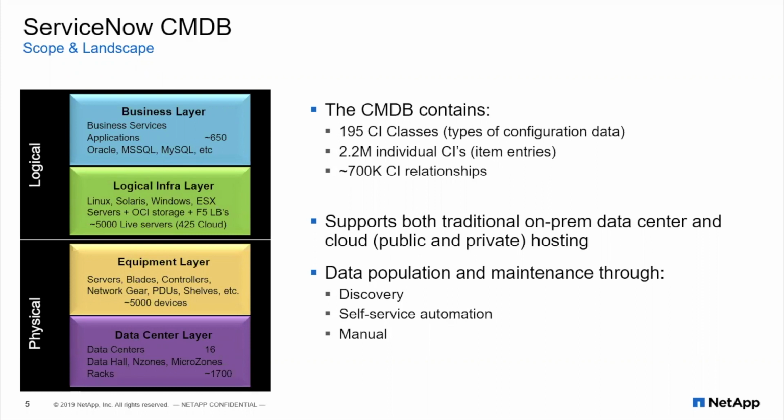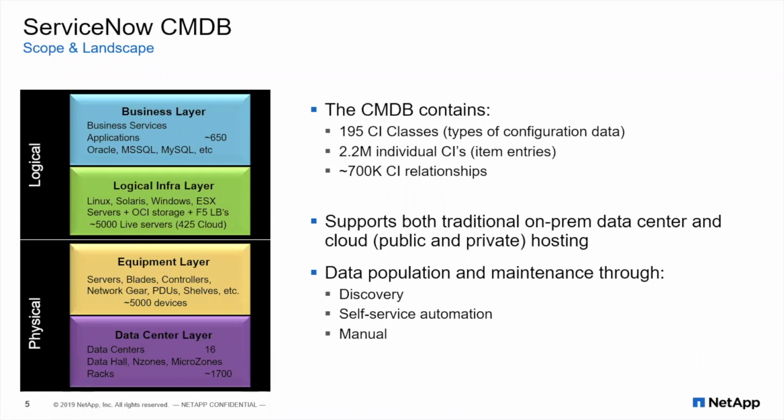We have around 2.2 million actual CIs in the CMDB, and we keep things from a historical perspective, like if I have a Linux server and I deprovision it, or a physical blade and I deprovision it, I keep that in the CMDB. Other things like the software that was installed on that server, I get rid of. So this is a pretty good representation of, for the most part, what's currently active in our environment.